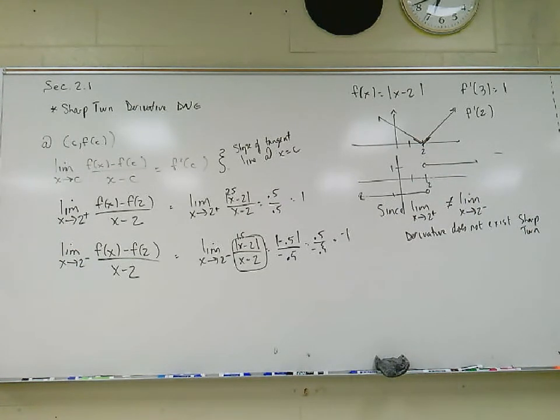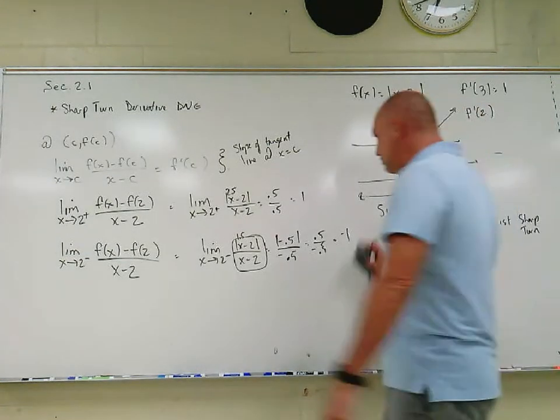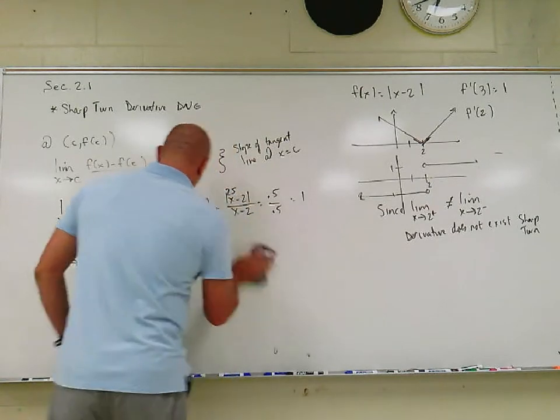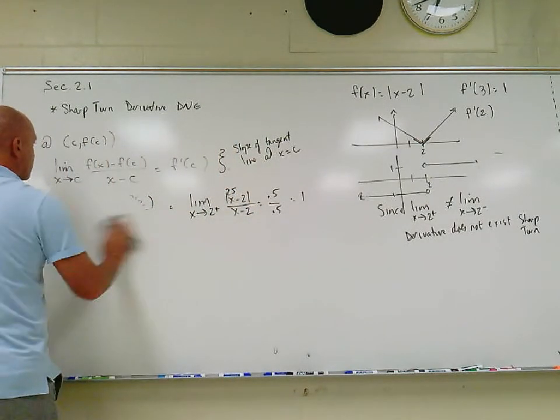All right. So what do I have to have happen if I'm not sure whether it's a sharp turn or not? I've got to get the same from the right and from the left. You're going to say, well, aren't you just going to know it's a sharp turn? Not always. So here's a different problem. Let us take a piecewise continuous function.